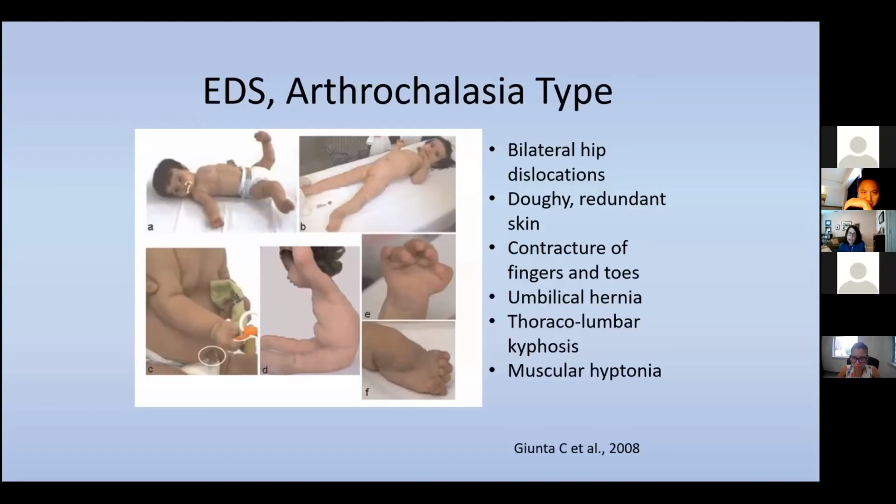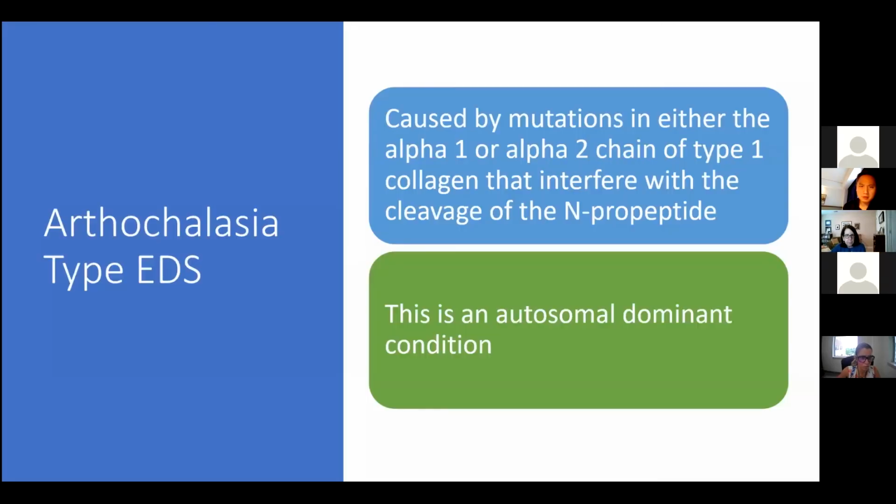The arthrochalasia type of EDS presents with bilateral hip dislocations and really doughy, kind of redundant skin. Some of the patients have contractures of the fingers and toes, umbilical hernia, kyphosis of the thoracolumbar spine, and muscle hypotonia. And this type of EDS is caused by variants in either the alpha-1 or the alpha-2 chain of type 1 collagen.